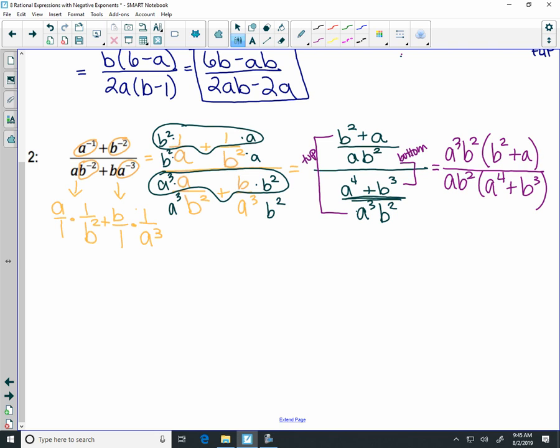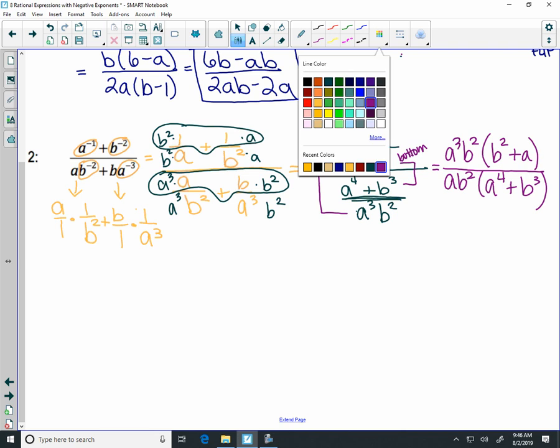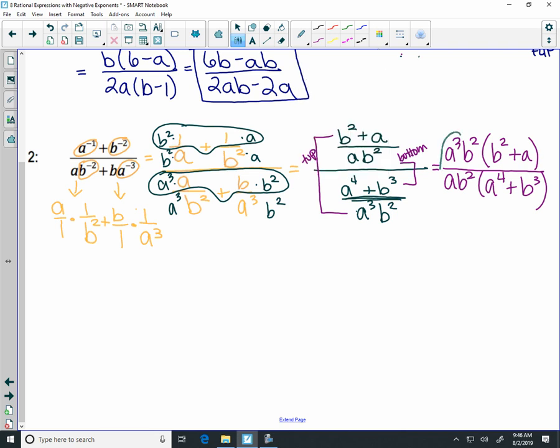At this point, we can cancel a little. We have multiplication out front here, so we can cancel with our multiplication. So I'm going to look at this. A cubed over a, that cancels to a squared on top. B squareds cancel.